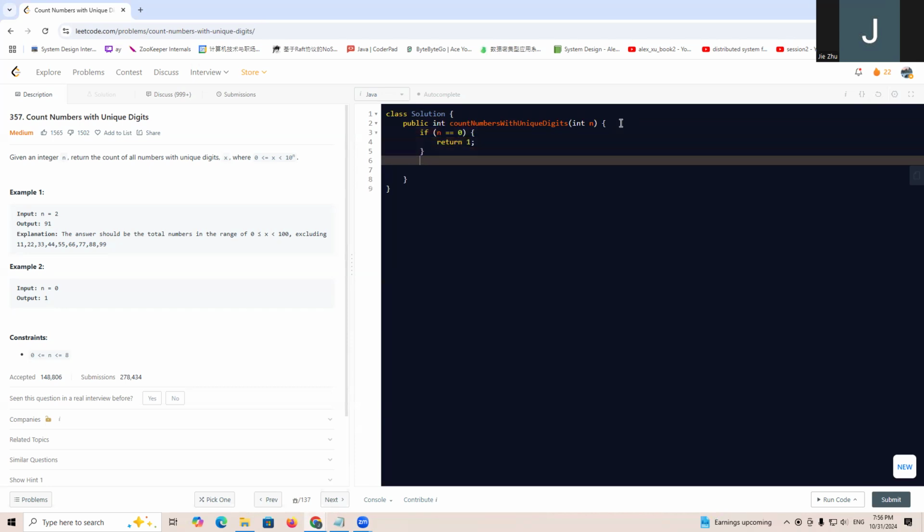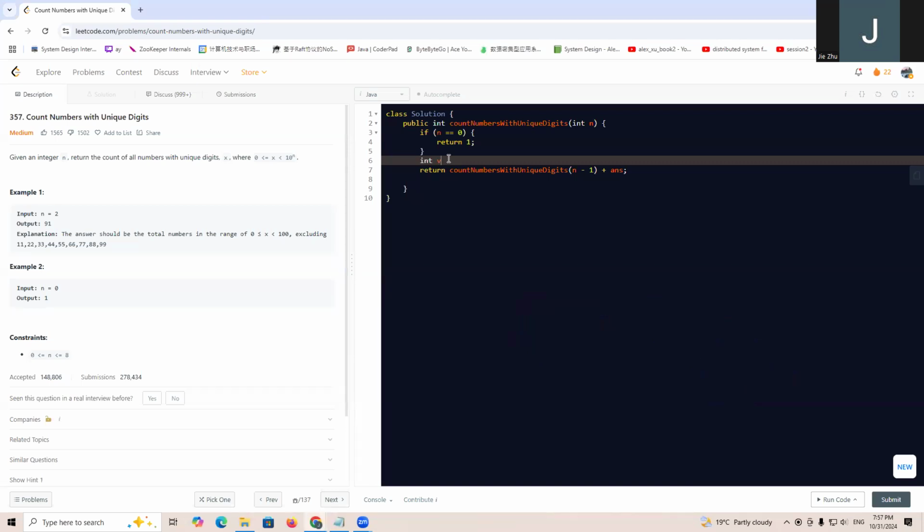And we need to calculate this part: the first case is where the first digit is 0, and then we should calculate the answer. The answer is 9 as the first digit, multiplied by 9, multiplied by 8, and there are n minus 1 numbers to multiply here.